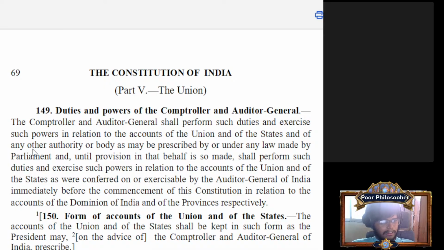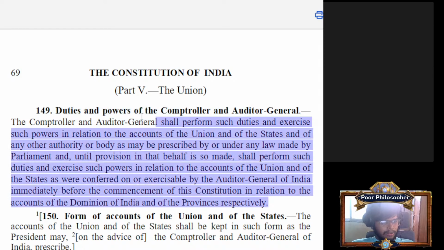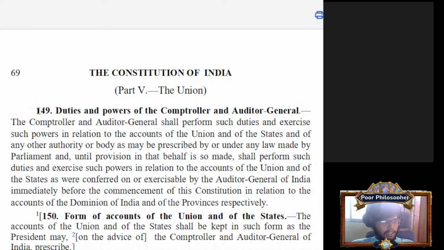Okay, I don't know what is written here, duties and powers of the CAG. I am unable to infer from this what is written. Okay, wait, I'm going to look it up on the internet. What the Comptroller and Auditor General can do.